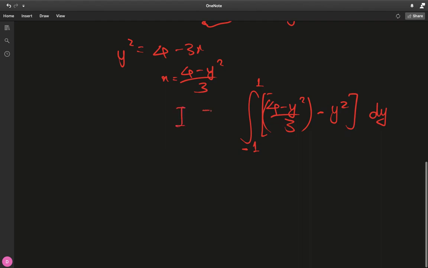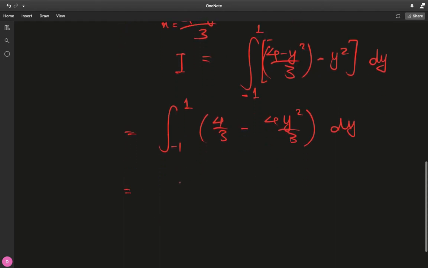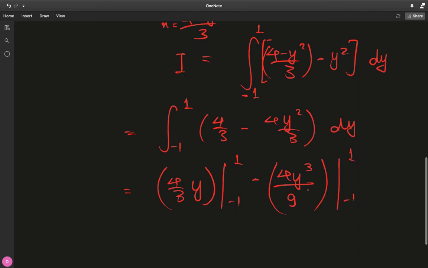Now calculating this integral is very easy. All you have to do is simplify nicely. We have the integral from negative 1 to 1 of 4 over 3 minus 4y squared over 3 dy, which is 4 over 3 y evaluated from negative 1 to 1, minus 4y cubed over 9, evaluated from negative 1 to 1.